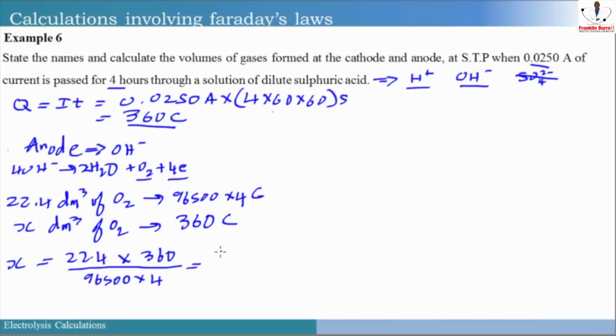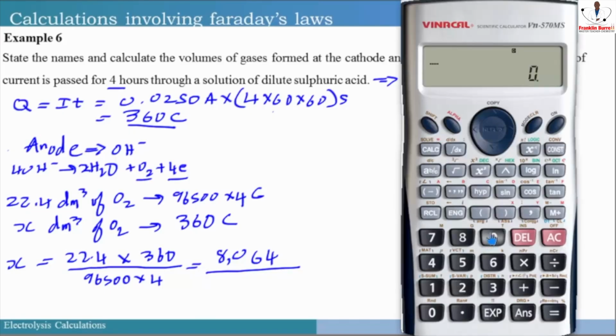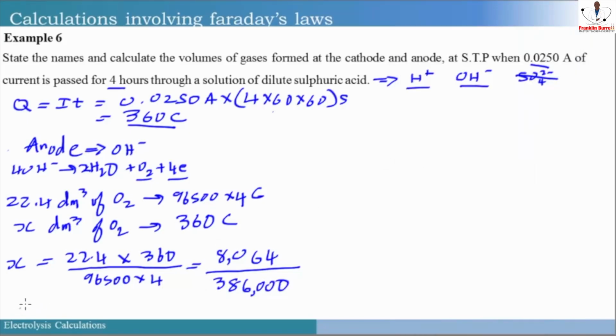So 8,064 would be the value, and we're going to divide that value by 96500 times 4. So 96500 times 4 is equal to 386,000.